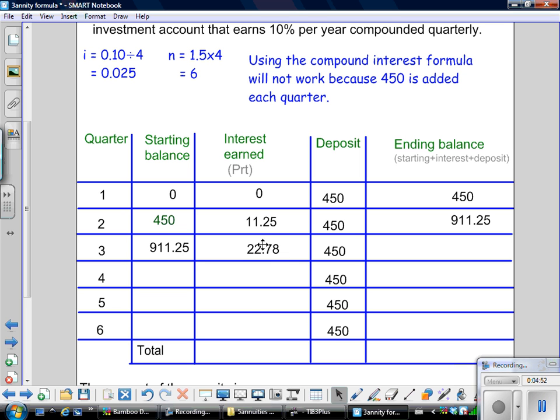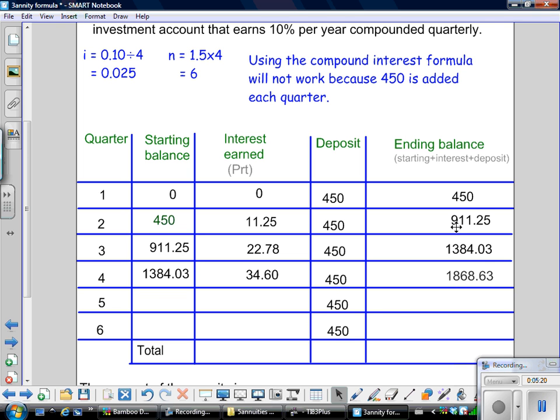Notice it has gone up more than double. At the end of that quarter, I add another $450 deposit. Each time I add $450, that becomes part of my new investment. I get interest off of that for the fourth quarter, and then I add another 450.